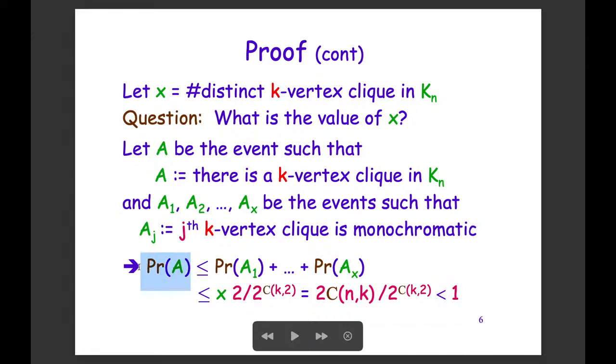So the chance of having a monochromatic clique is strictly less than 1. So the complement of A will be strictly greater than 0. So what is the complement of A? The complement of A means that you do not see any monochromatic clique. So we are done.